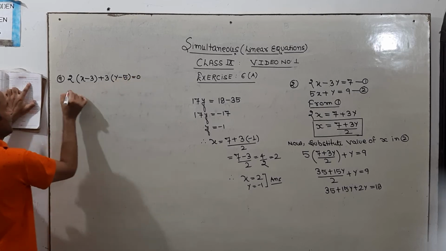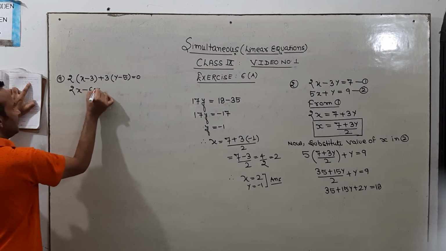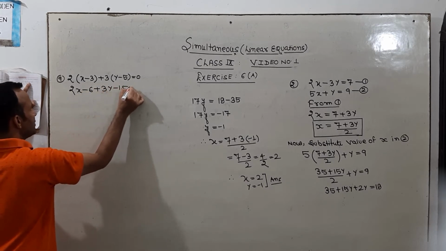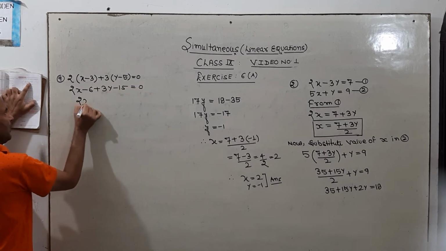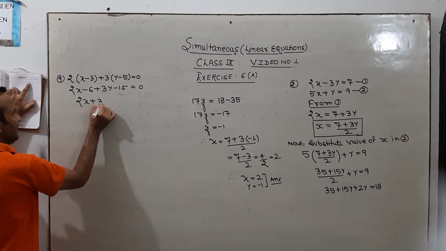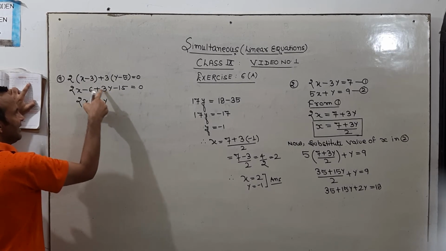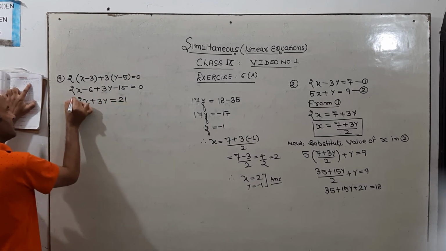First simplify this equation. 2x, 2 3 is 6, 3y, 3 5 is 15 is equal to 0. On simplify we obtain what? 2x plus 3y minus 6 minus 15 is minus 21. When transferred to the right hand side we obtain what? Positive 21. So this is first equation.